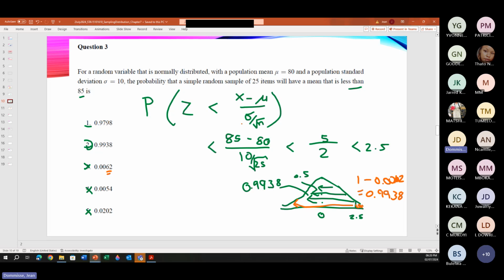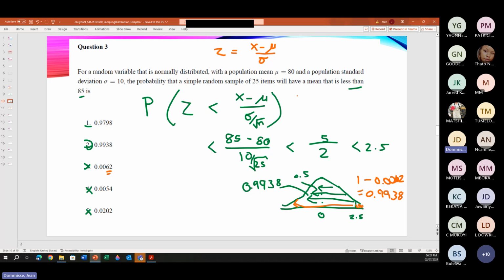So the rule is we use the Z, the standard one, as your way to answer it, unless they tell us it's a sample. Then we use either the sample mean or the sample proportion.